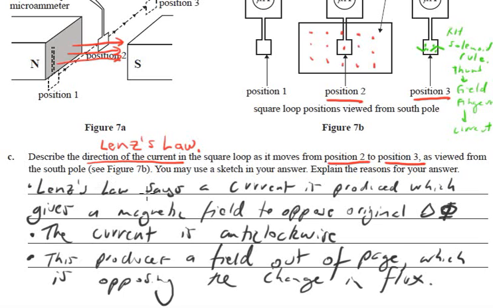It says a current is produced which gives a magnetic field to oppose the original change in flux. I've just worked out the current is anti-clockwise because this produces this field coming out of the page, and the flux had been changed from out of the page to nothing. So it's going to oppose that change, i.e. it's going to go back to the way it was, and this is why I write this last point. It produces the field out of the page which opposes the change in flux.